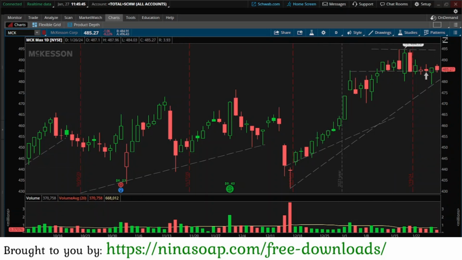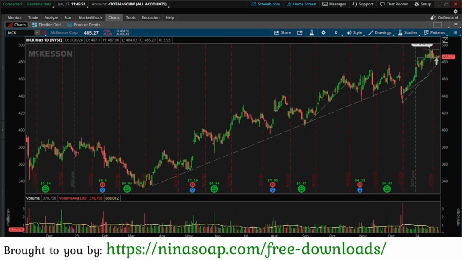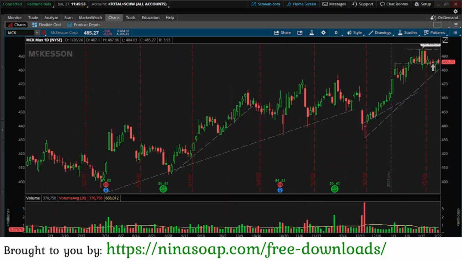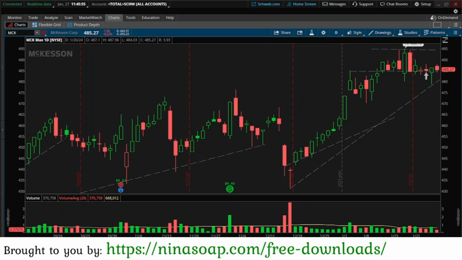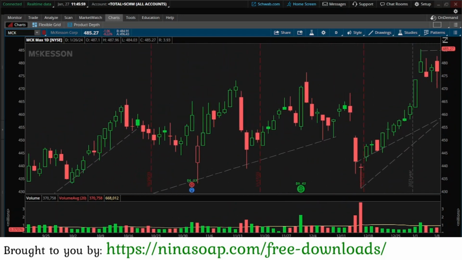Another thing that I like to do is look at the past of the stocks to see if I can see that behavior elsewhere. Past performance does not necessarily show what will happen, but I'm seeing some consolidation going on here. So it did some consolidation, then went up, and then went down to the earning.